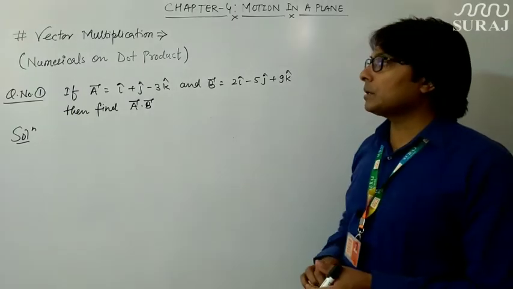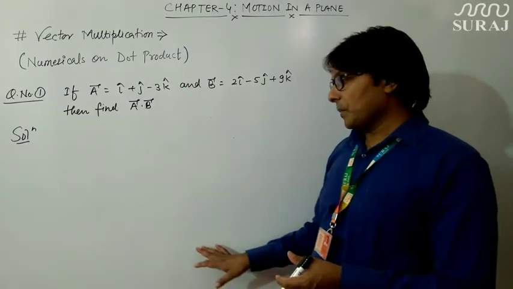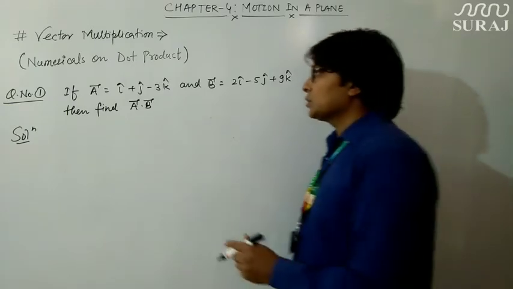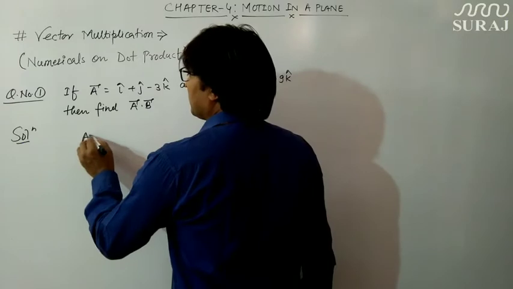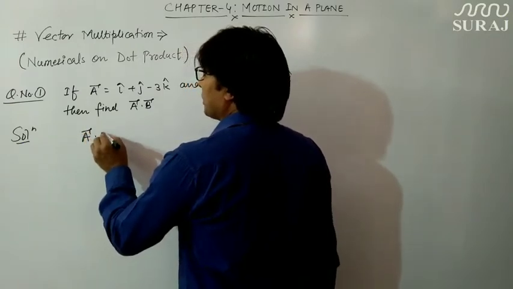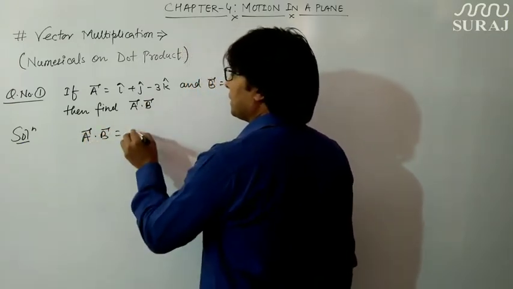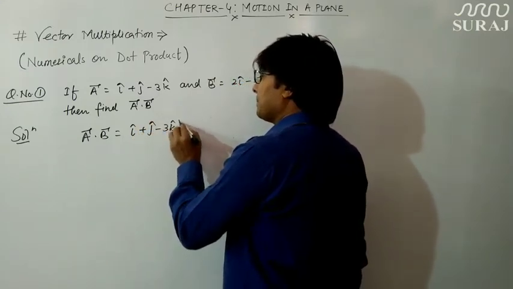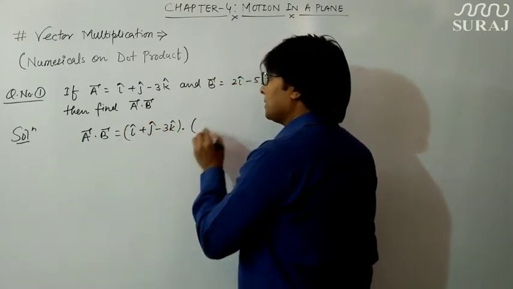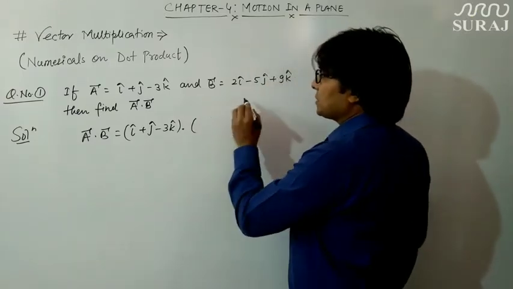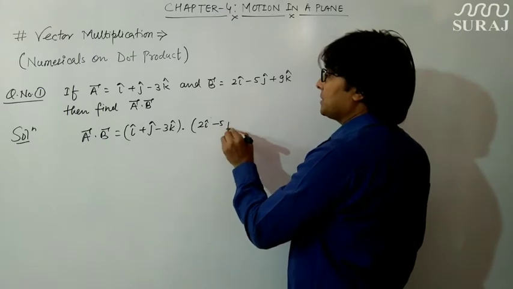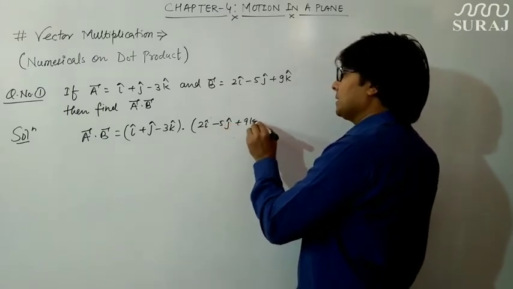We will use the method which we have discussed about the dot product of unit vectors. So a vector dot product with b vector can be simply written as i cap plus j cap minus 3k cap dot product with this b vector, in place of b vector we are going to write 2i cap minus 5j cap plus 9k cap.